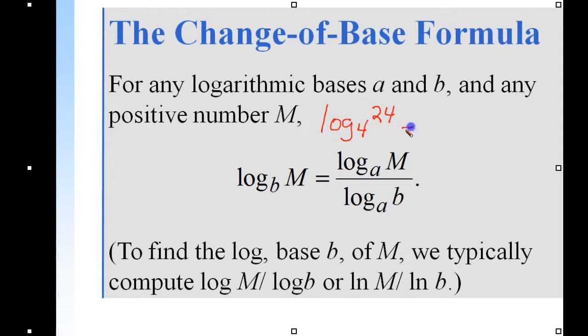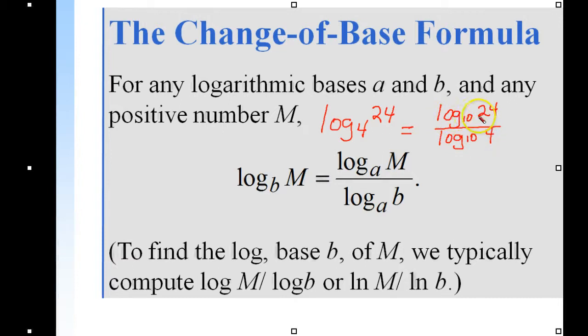Well, how do you do that? Well, the answer is we're just going to say log base 10, and on your calculator, you just hit the log key because that is the common log. And you go log base 10 of 24 divided by log base 10 of 4.